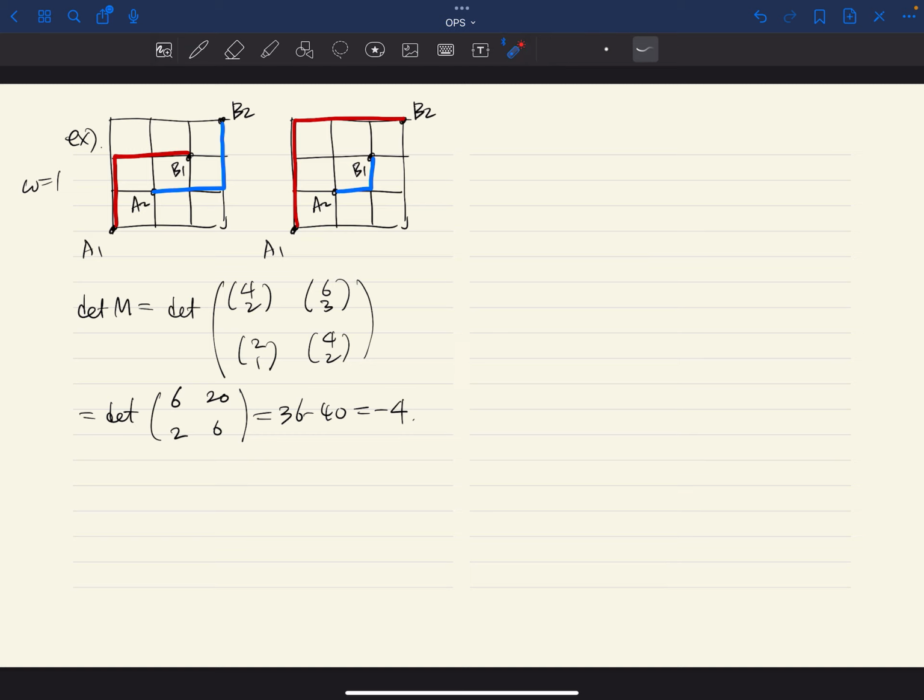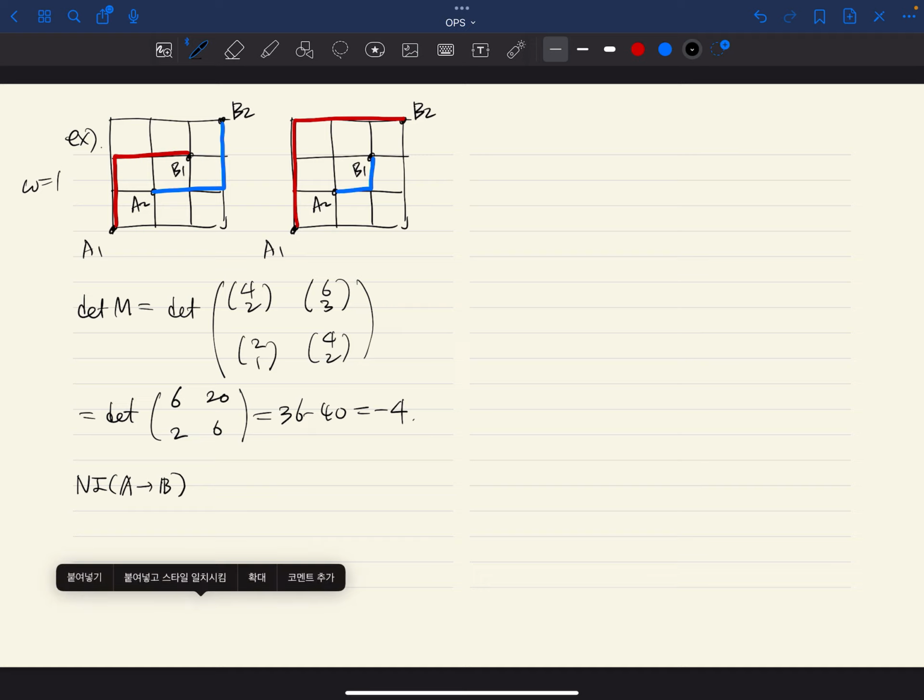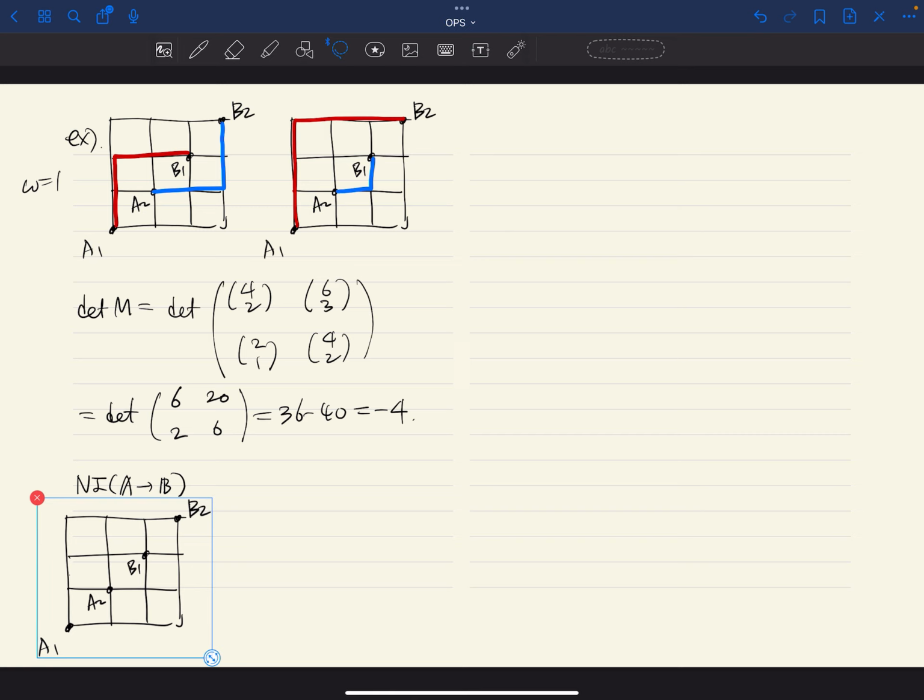But let's compute this in a different way, using the right-hand side of the Gessel-Viennot lemma. How many non-intersecting lattice paths are there? I don't think I listed them all.